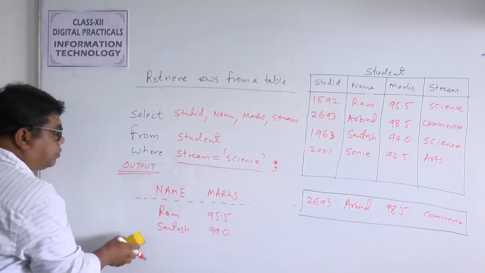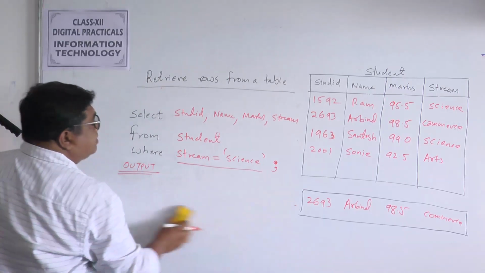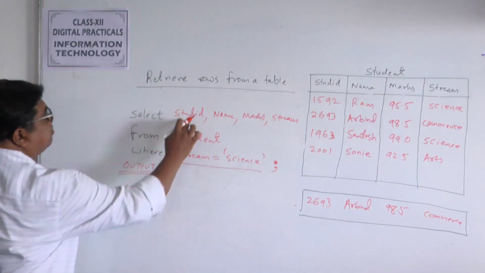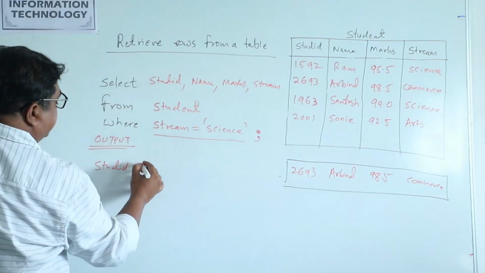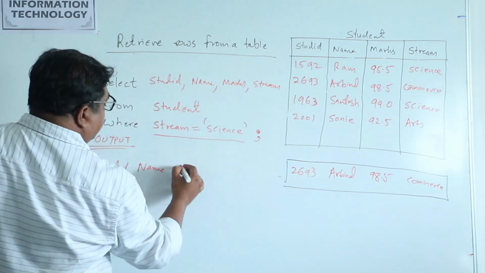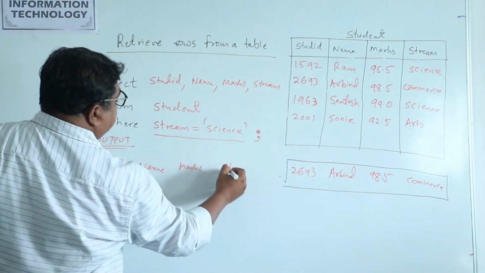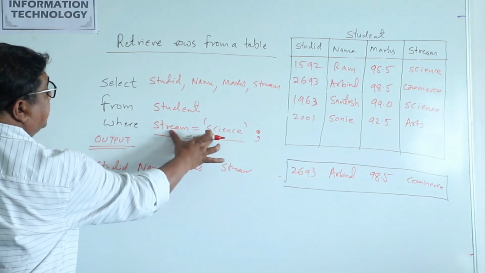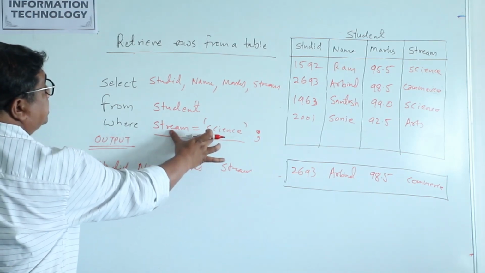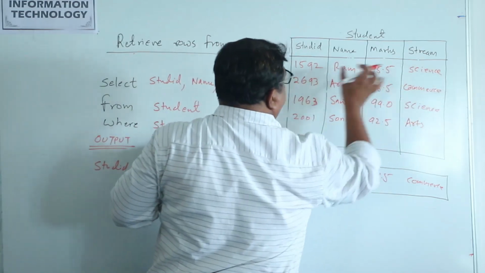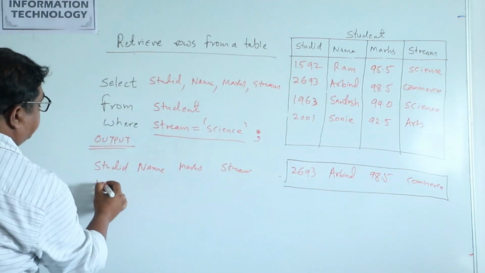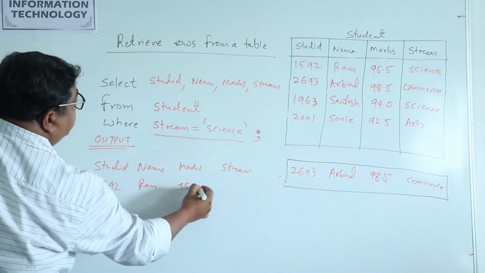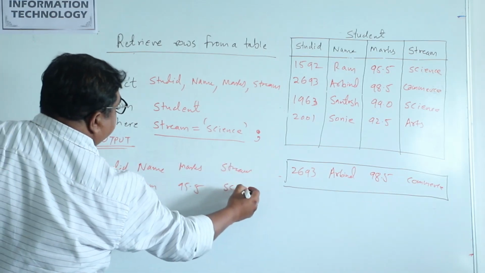So what will be the output? It will have the heading as student ID, because the first column is this, then name, then marks, then stream. And what will it give? Here the condition is satisfied where the stream is science, so it will give all the data: 1592, RAM, 95.5 and science.